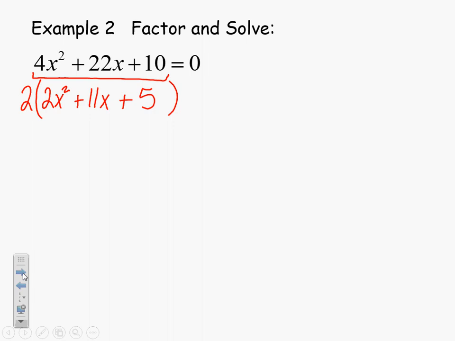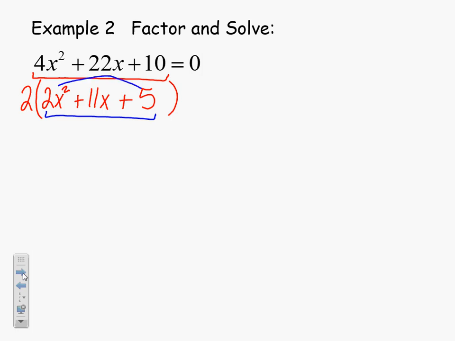That 2 is the greatest common factor that has changed our problem now to be 2x squared plus 11x plus 5. I still need to factor some more. This is still a 3-term problem that I need to break apart. So I'm going to use the AC method now after I've taken out the greatest common factor.